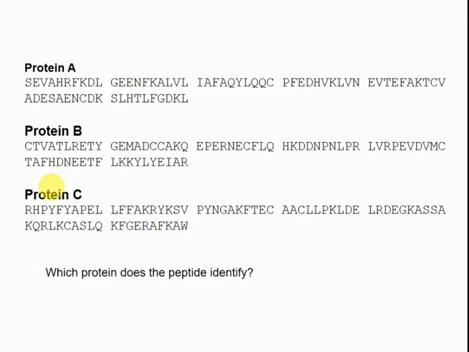So we know we've got protein C, not protein A or protein B. That exercise is exactly what the protein database does, but it does it for thousands of peptides. It's the same idea: it calculates what the sequence is and then compares the sequence with the protein.